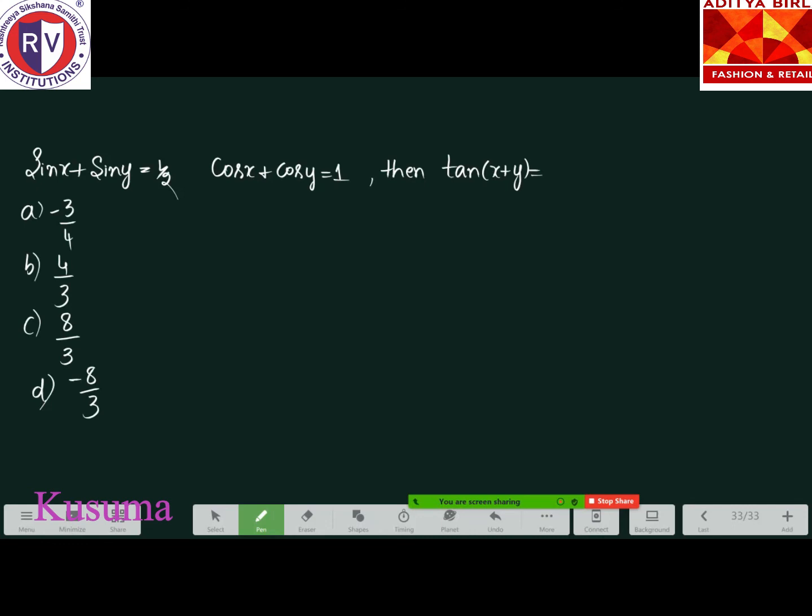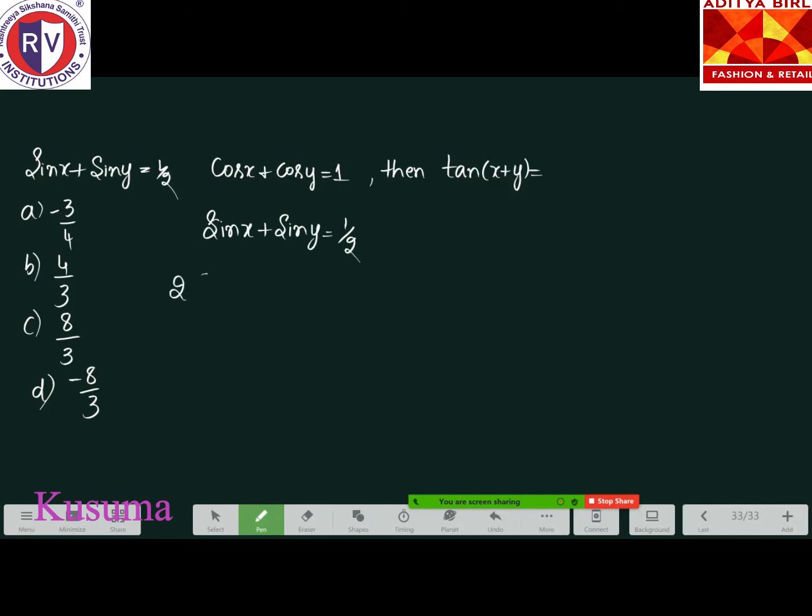Okay, so listen. Sin x plus sin y is equal to 1 by 2. See here, this is of the form sin A plus sin B, right? So what is sin A plus sin B? 2 sin of x plus y by 2 into cos of x minus y by 2. Very good.